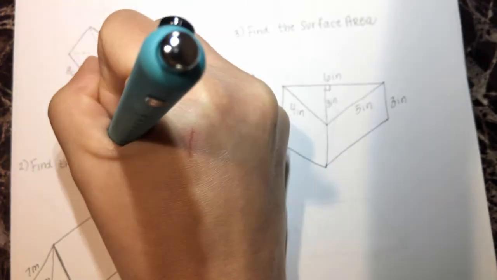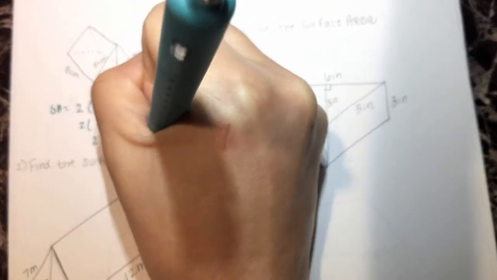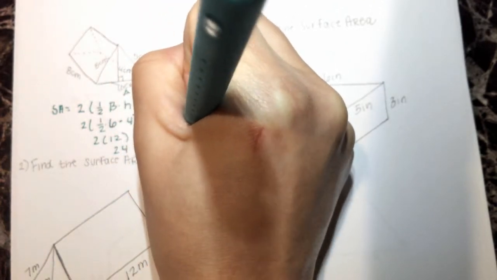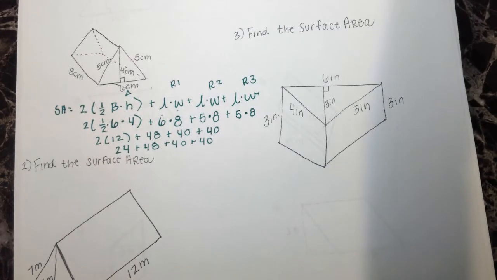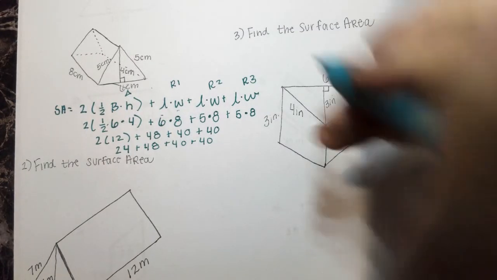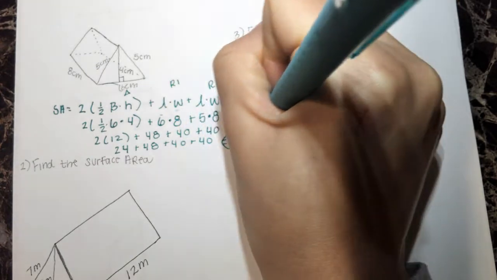And then I would simplify it even more. 2 times 12 would be 24, plus 48, plus 40, plus 40, and then you're going to add them all together. 24 plus 48 plus 40 plus 40, and you would get 152 centimeters. It is flat because it's surface area, so it would be squared.